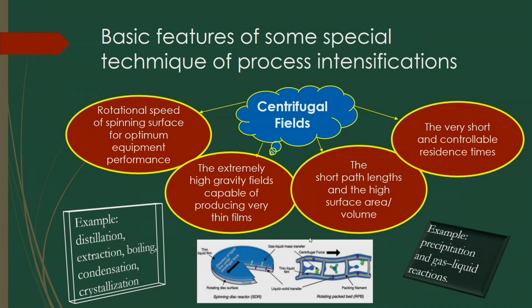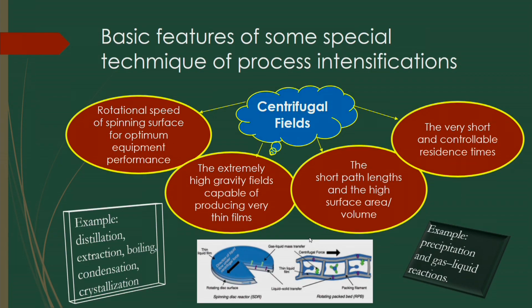Whenever a reactor is spinning at a certain rate, you will see the fluid gets some centrifugal action, and based on that there will be generation of secondary flow phenomena, and the intermolecular interaction will be more, the mixing will be more, and also plug flow phenomena will be there, based on which you can get the product in a more intensified way, and there will be some optimum condition based on which you can design the process for your process intensification.